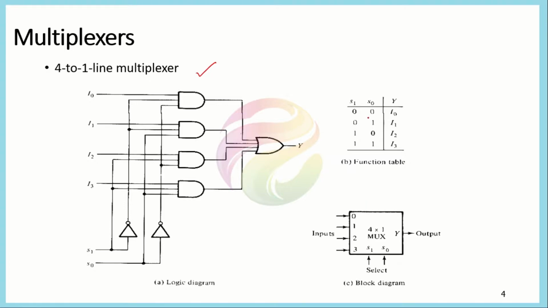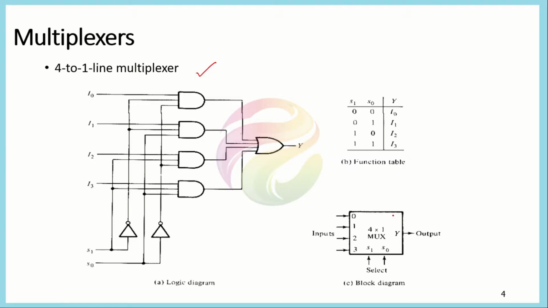When S1 is equal to 0 and S0 equal to 1, that is representing the second combination, and then I1 is connected to the output. Similarly, when it's 1 0, then the third input I2 is connected to the output, and when both of them are 1, then the last input is connected to the output.